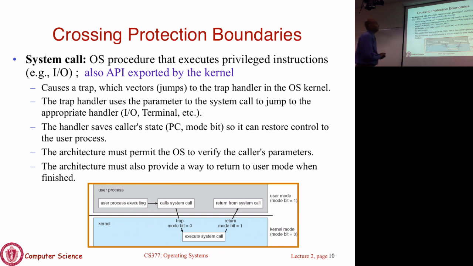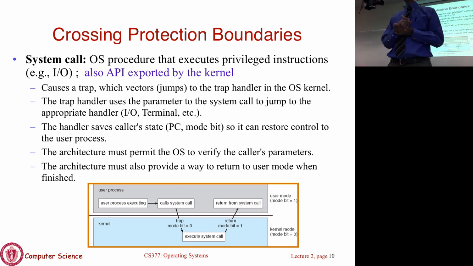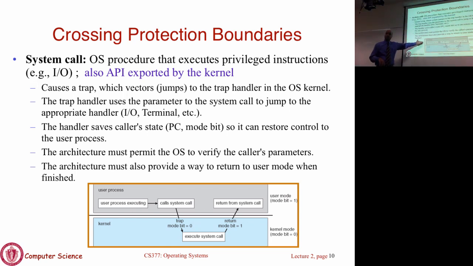So this is basically why we have system calls at all. Essentially it's a procedure that executes privileged instructions. Only the OS can execute it because they are by definition privileged. This is a sort of control flow of how a process will invoke a system call. Essentially the executing process simply calls this function, which is a system call.